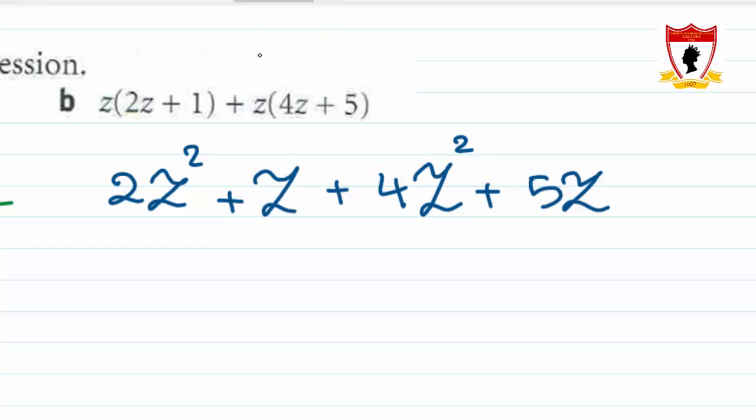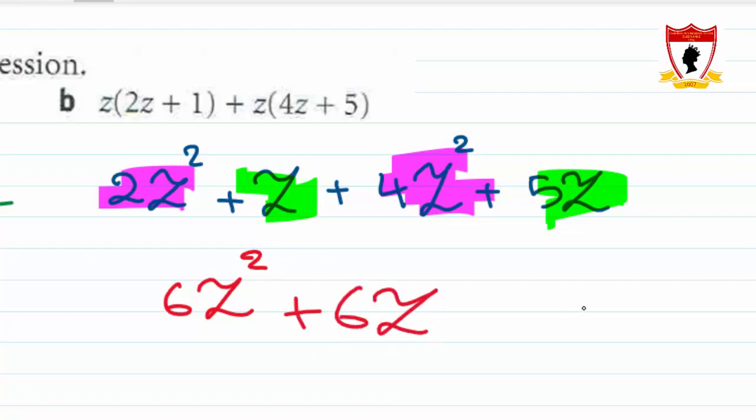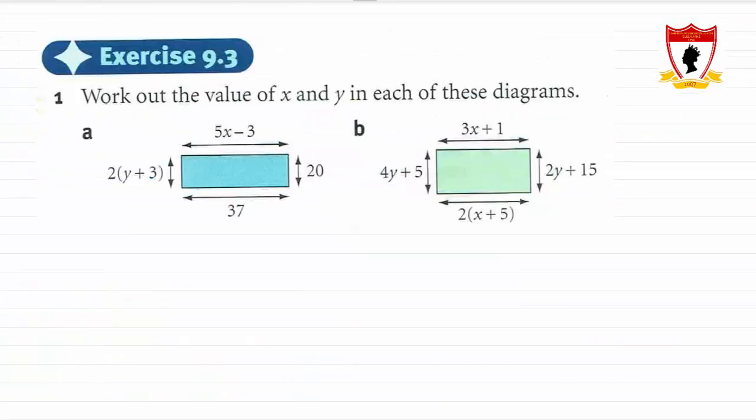Now again, z squared terms together and z's alone without square together. Now that's how it looks. 2z squared plus 4z squared is 6z squared, plus 6z. Done.